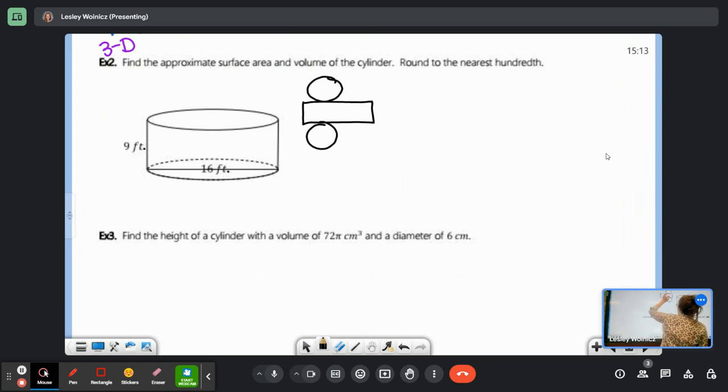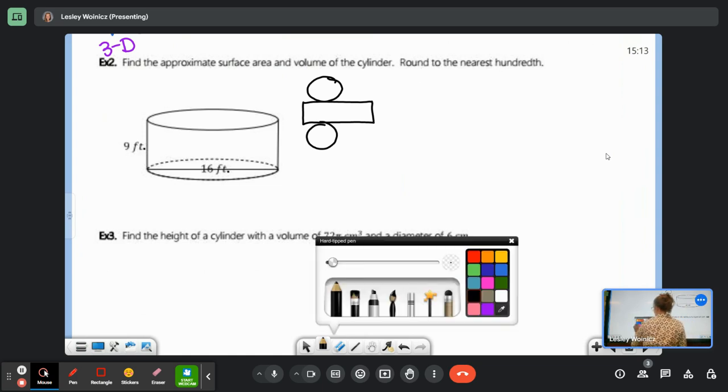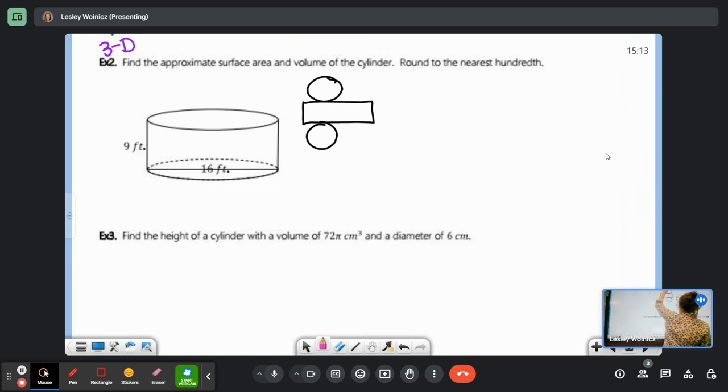Okay, these are the worst circles I've ever drawn. It's fine. So, remember that this has to go all the way around our circle. Okay? What's my radius? Okay? So, what is the top of the rectangle?